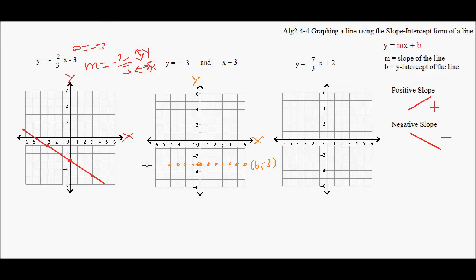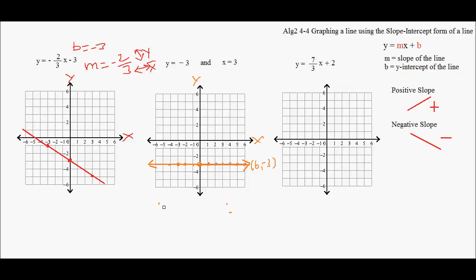So this line right here is y equals negative 3. You could draw arrows if you wanted to too. That's optional.